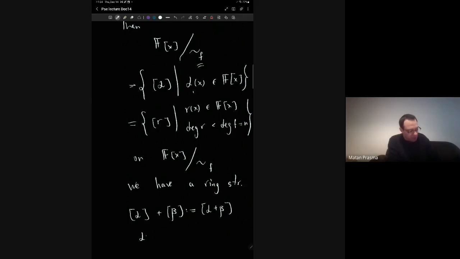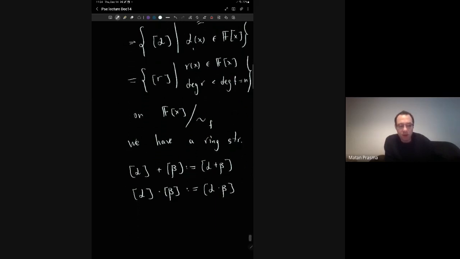And if I want to multiply the class of alpha by the class of beta, I simply do alpha times beta and then take the equivalence class. And just as we had with the integers, we need to show that this indeed induces a well-defined binary operation that does not depend on representatives.